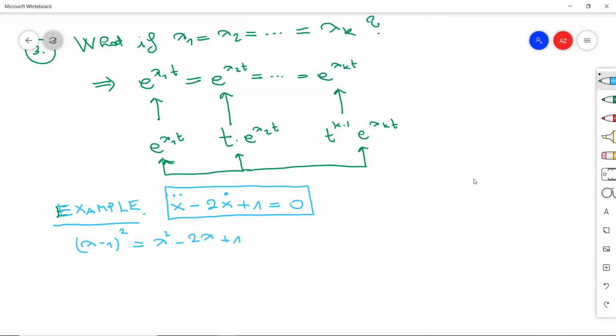The corresponding characteristic polynomial is the one written here. So it's lambda squared minus 2 lambda plus 1. And it was formed in such a way that 1 will be its double root. It's just (lambda minus 1) squared. So lambda 1 is equal to lambda 2 is equal to 1.